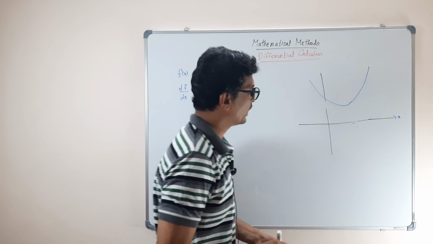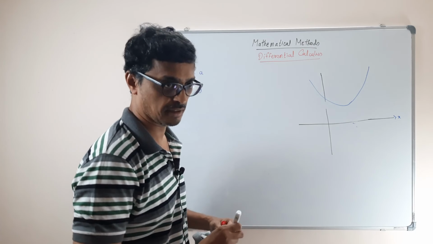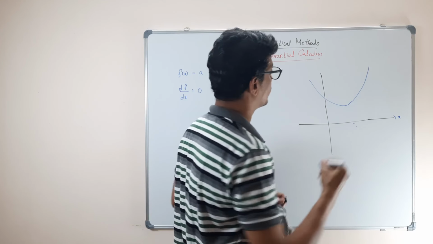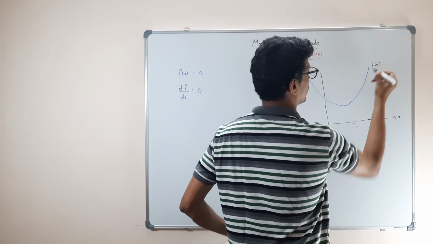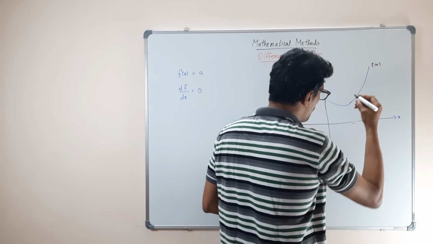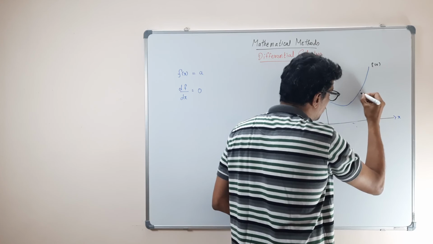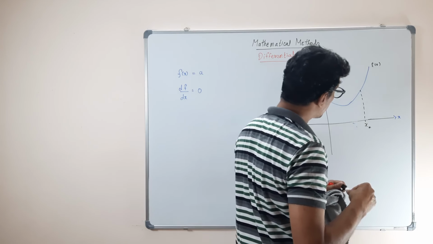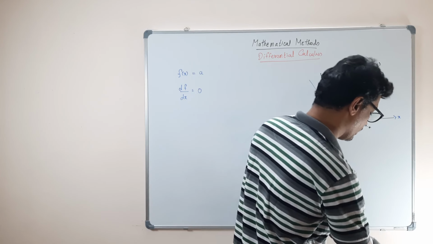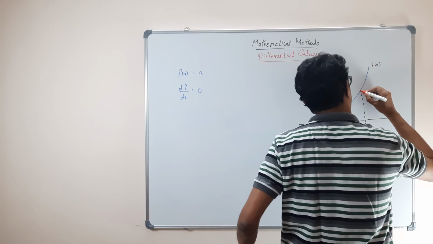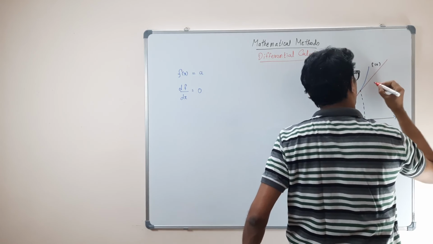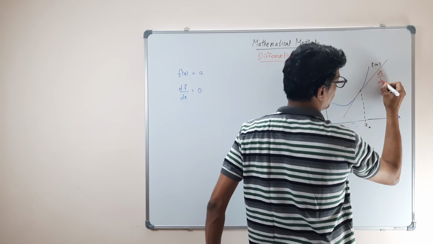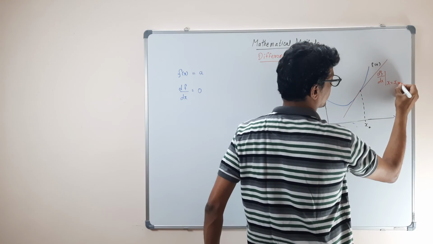Let us assume this is our f of x, and I am going to find the slope, the derivative, at a certain point, x star. The derivative at that point is nothing but the slope of the tangent drawn along the curve at x equal to x star.